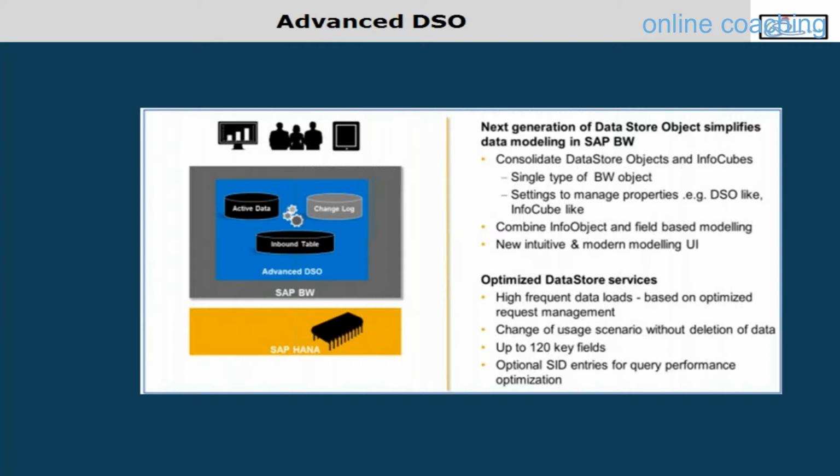When you want to hold the data physically in the BW system, it will be advanced DSO, and based on the behavior you require, you enable properties. So you want advanced DSO like cube, or like standard DSO, or like write-optimized DSO, depending on the requirement, you can enable your settings.